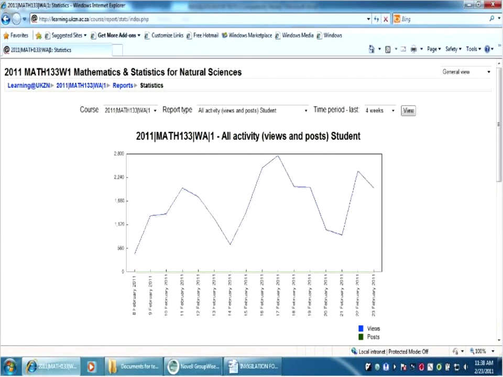Well, it's not really 500 students, but it indicates the number of times students use the website. You'll notice that there are certain peaks, and this seems to be somewhere during the midweek when the tutorials were put up.